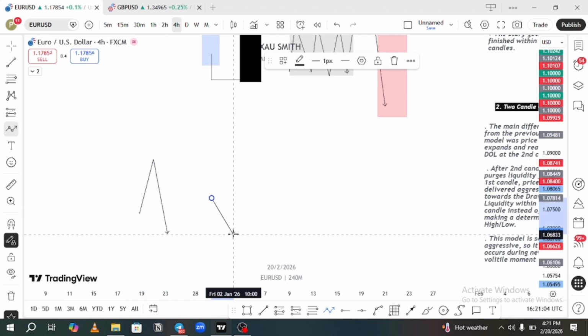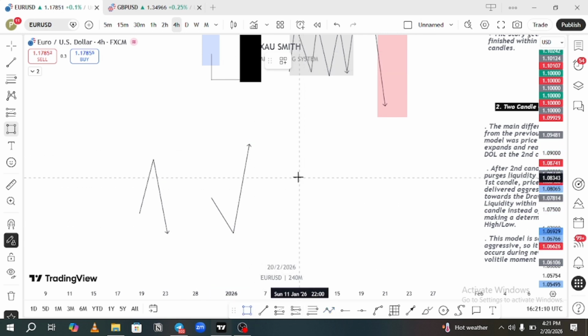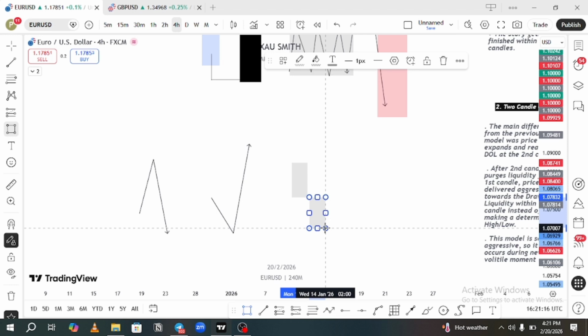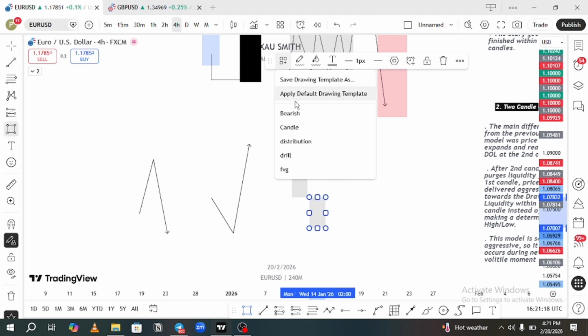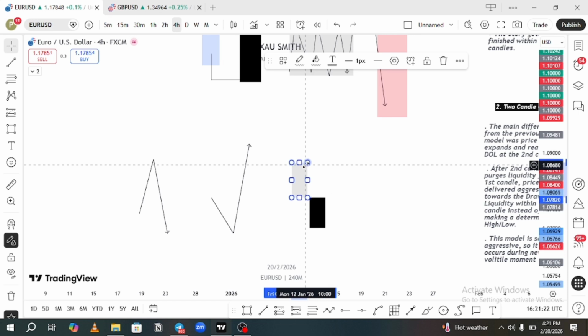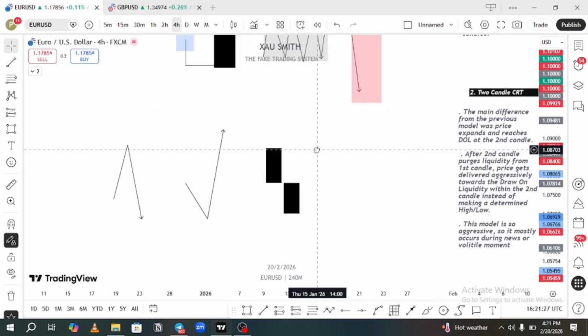Also, we have the V-shaped key level and the open close key level.